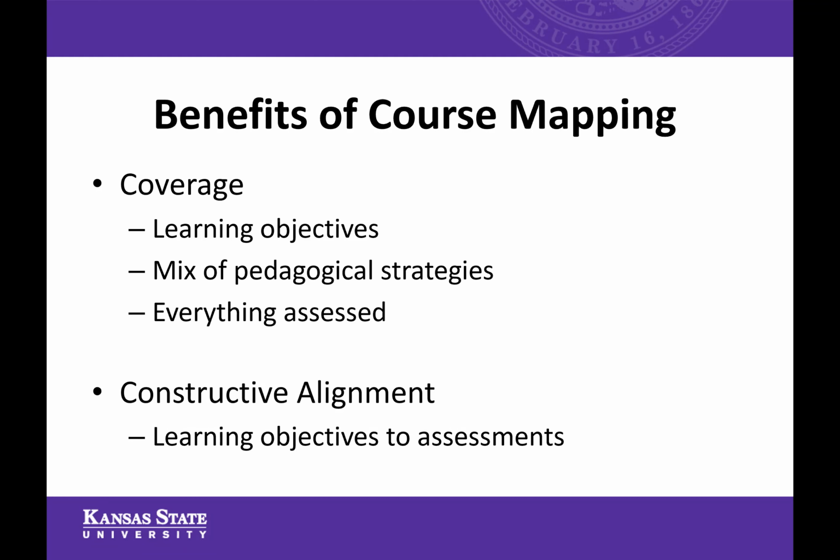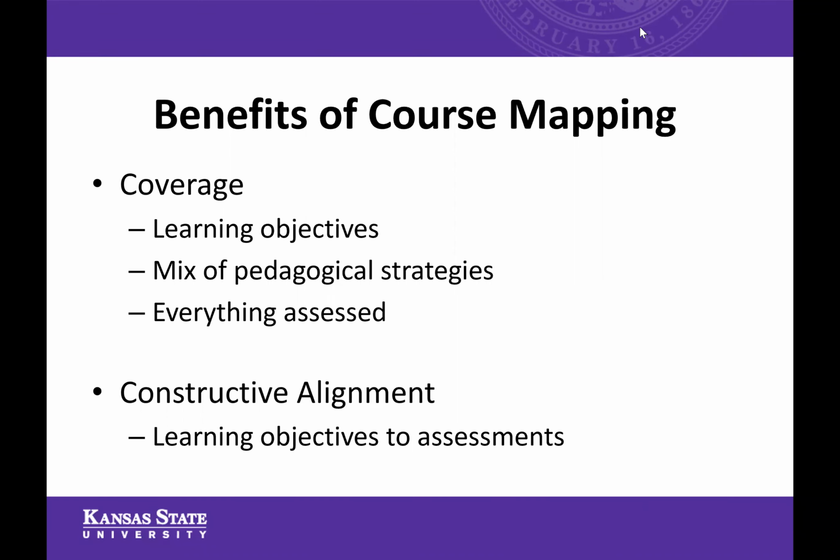When you can look at a course over the course of an entire term, you get a sense of where all the learning objectives for the course are fitting in, depending on the week that they're being presented. Do you have a nice mix of different strategies that would help students learn in a range of different ways? And also because you learned in the first week of the Course Design Institute, we talked a lot about aligning course learning objectives with other parts of things like activities or assignments that you might be creating.